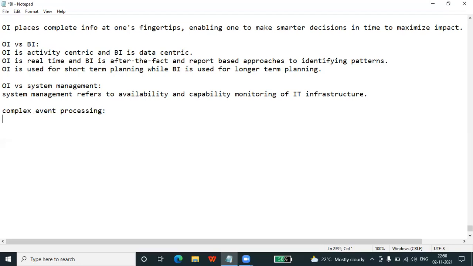Complex event processing companies focus on development of a complex event processing framework for other companies to use within their organizations as a pure complex event processing engine.